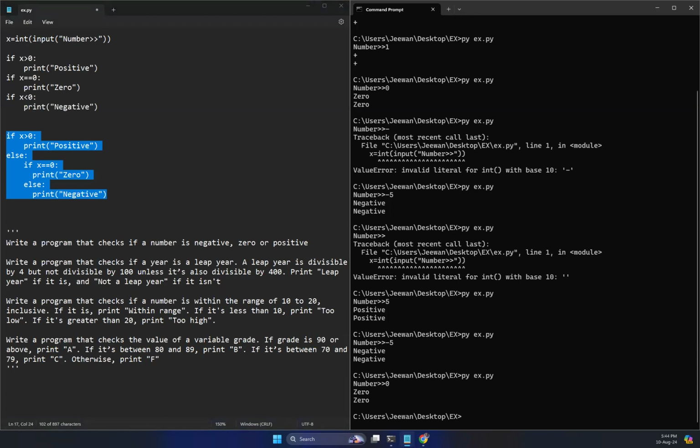Rather than using another if inside the else statement, we could go ahead with if, else if. Now, try out how we can work with else if in Python.